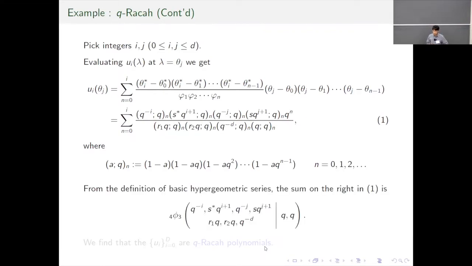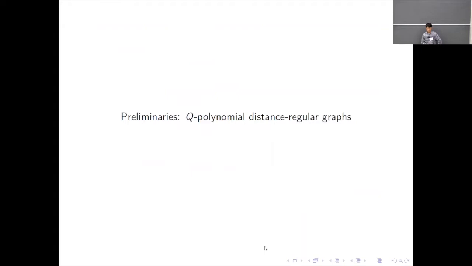And by the definition of basic hypergeometric series, this sum is the q-Racah polynomial. So that explains how our parameter arrays, and more essentially Leonard systems, are related to the orthogonal polynomials in the terminating branch of the Askey scheme. Okay, so that's all the content we need in this lecture. And now I'm going to move on to the preliminaries for distance-regular graphs.